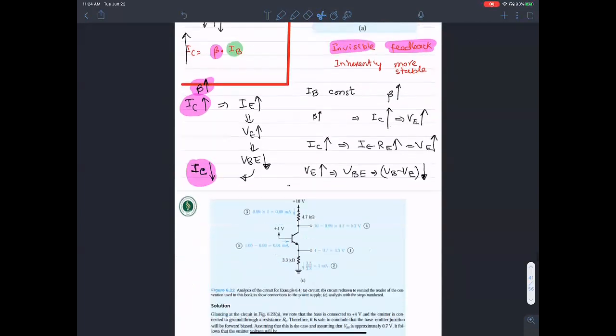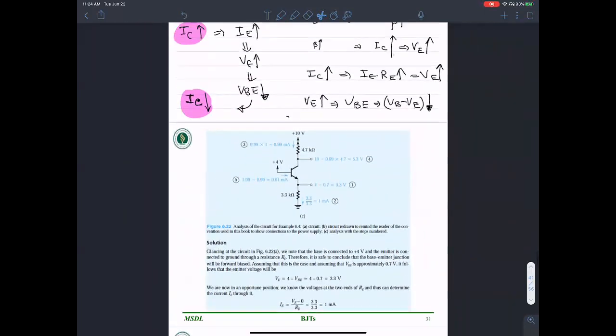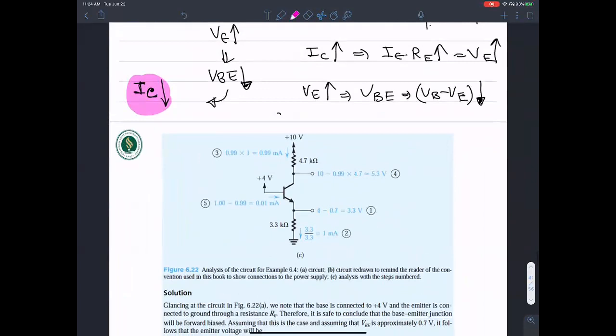That's a point. But then I welcome you to go through this problem. It's just a matter of applying these different steps. This is at 4 volts, right? When this is at 4 volts and you know for a fact that this is 0.7 volts, then you should be able to calculate VE over here.